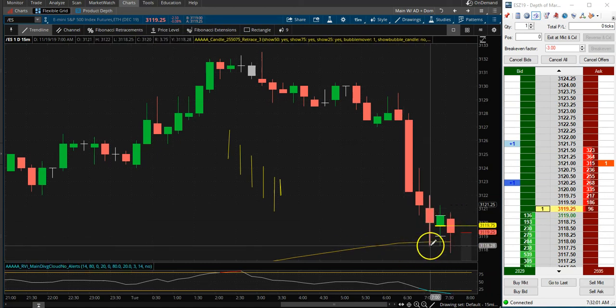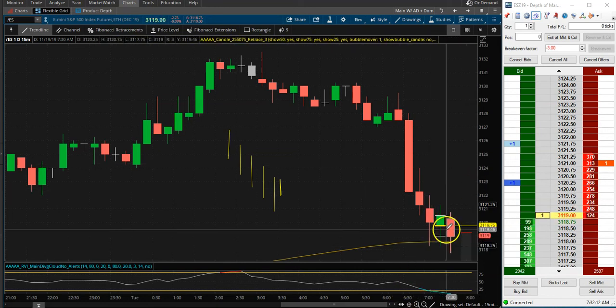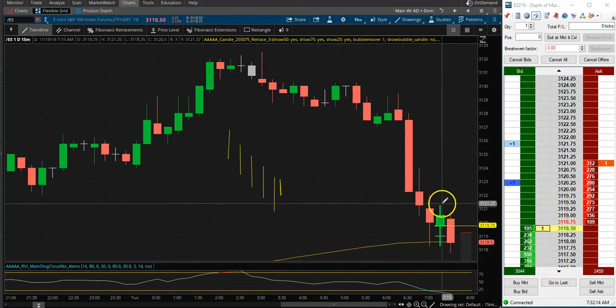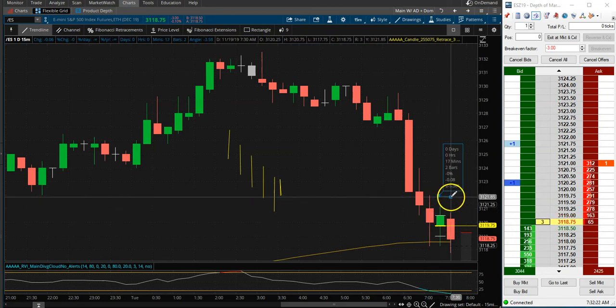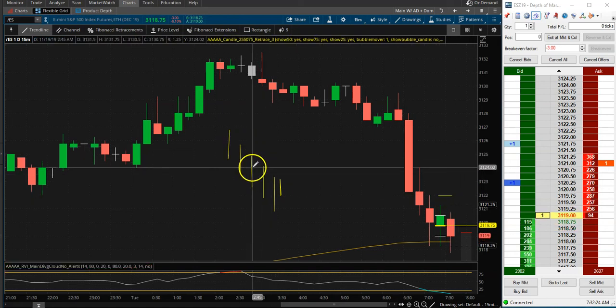So I hope that helps. This, again, is the waterfall retracement trade, one of my bread and butter trades. And the reason I love this trade is because I know exactly where my stop is. It's essentially 2 ticks above its previous candle high right there, just like the waterfall.